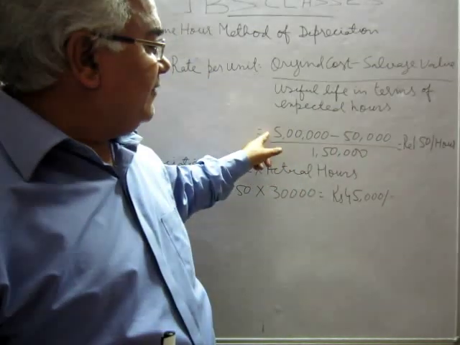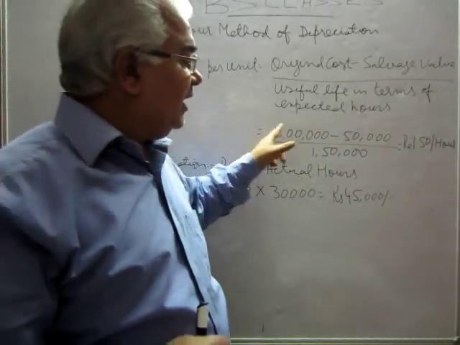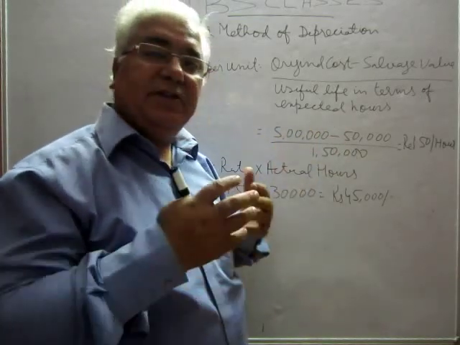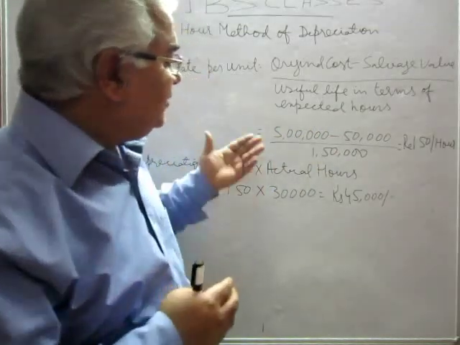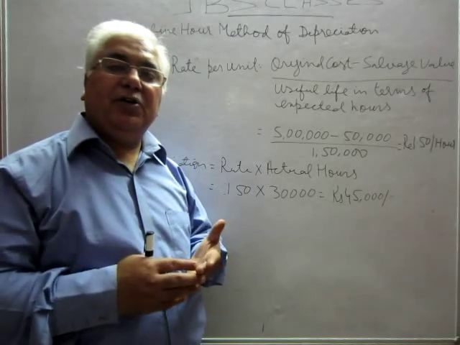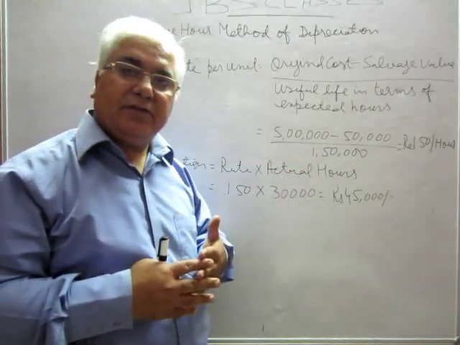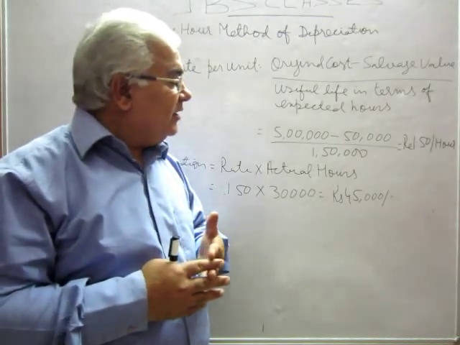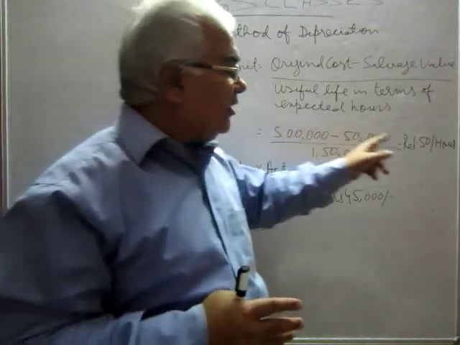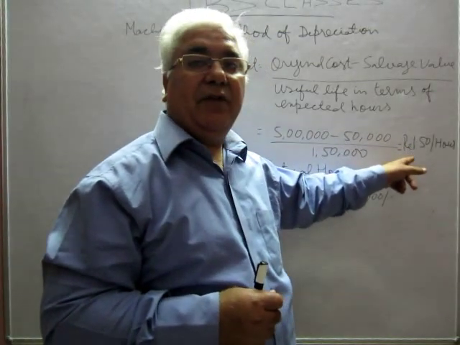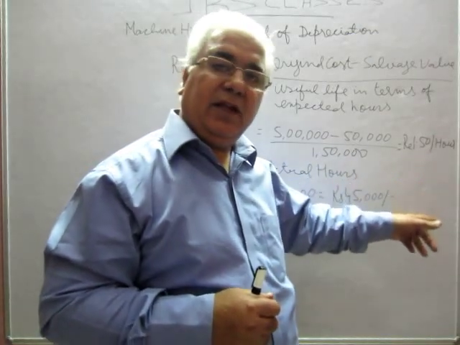Like if we paid 5 lakhs for this and 50,000 is its salvage value, and this machine is expected to produce 1,50,000 effective hours, then the rate works out to rupees 1.50 per hour.